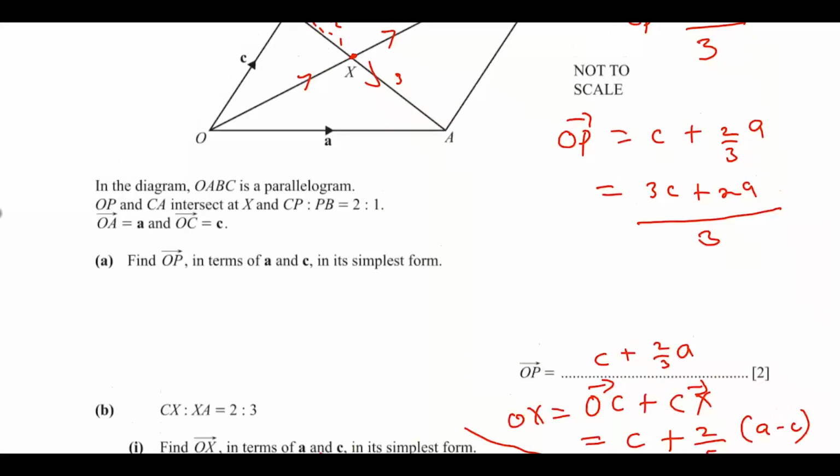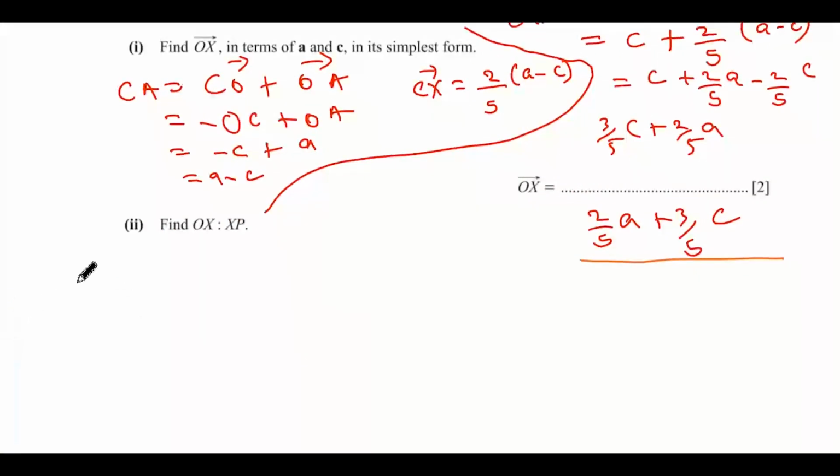So let's scroll down a little bit. We can work it out. XP will be equal to XC plus CP. Don't forget to show the direction of the vector. We don't have XC, but we have CX, so we can change this to minus CX plus CP, which is the same thing as CP minus CX.